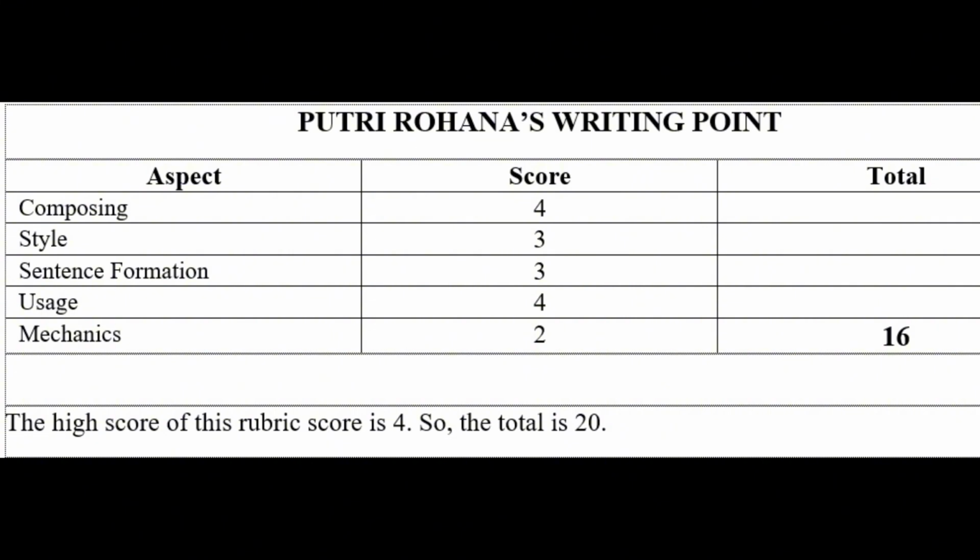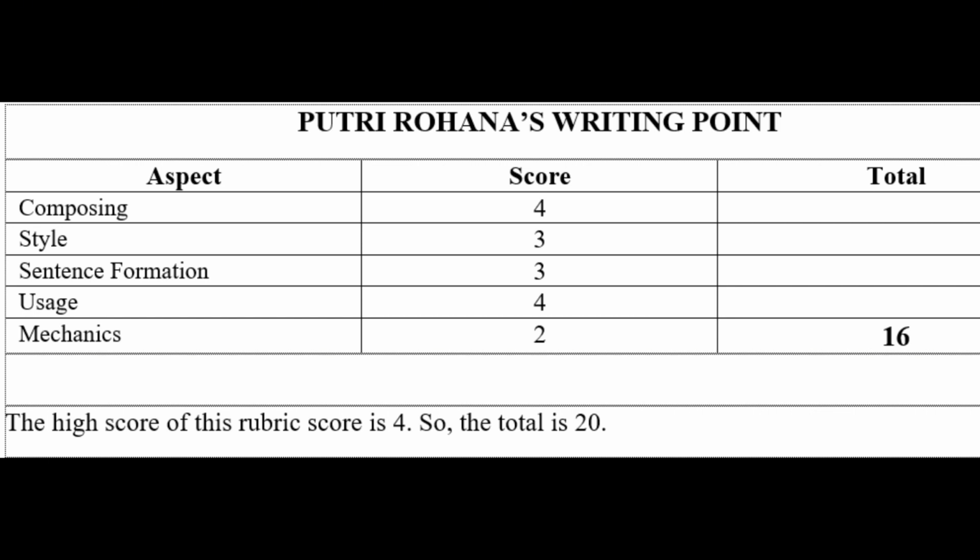For sentence formation, I gave her 3 too, and in usage, I gave her a score of 4. And the last one, in mechanics, I gave her 2. So the total points that Putri Rohana obtained in the writing test were 16.